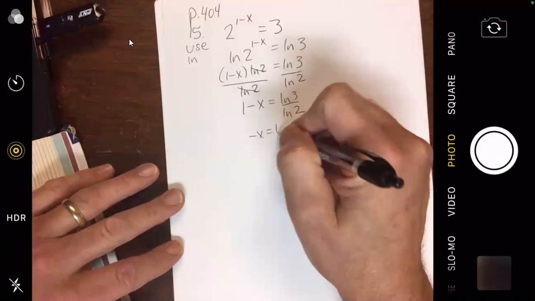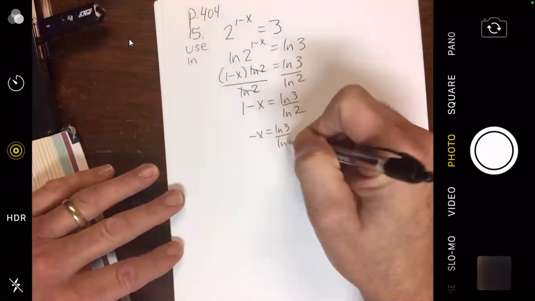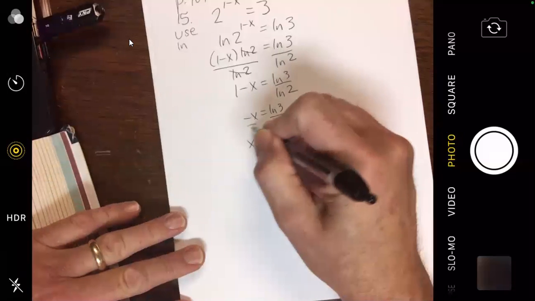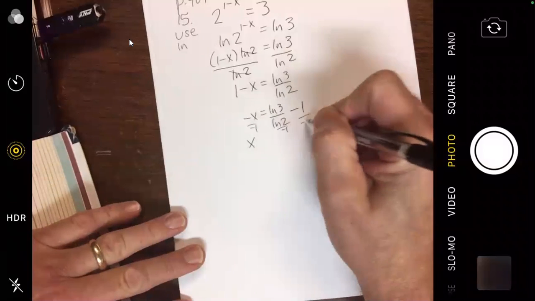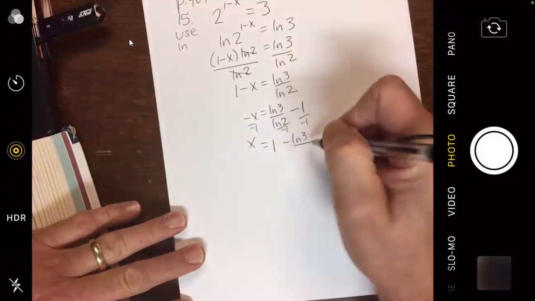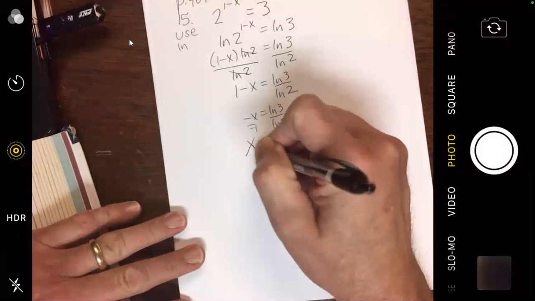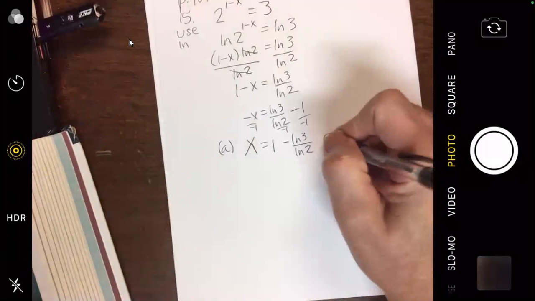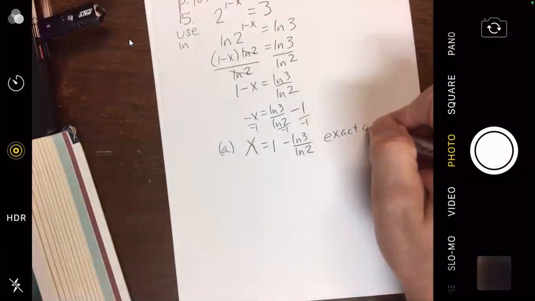Negative x equals ln of 3 over ln of 2 minus 1. If we divide everything by negative 1, you get a positive 1 minus ln of 3 divided by ln of 2. Now that's the answer to A, the exact answer.